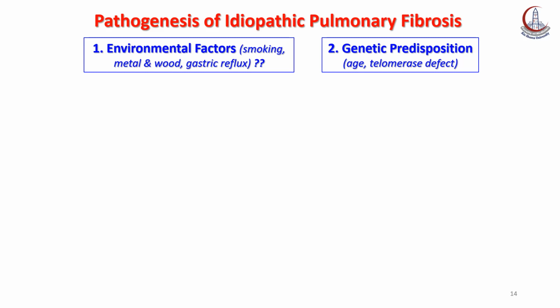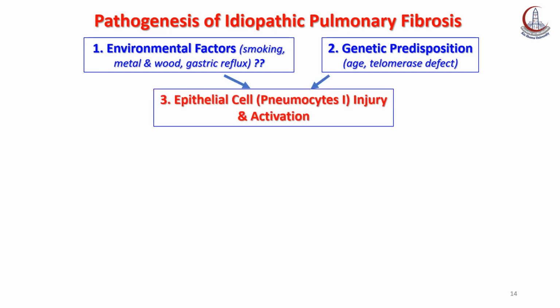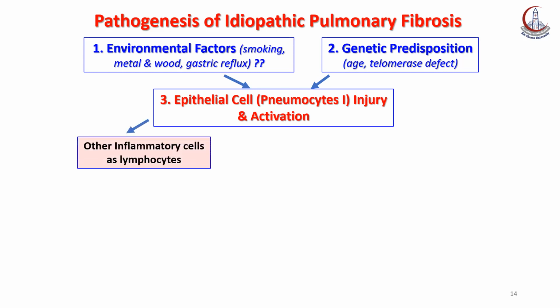Or genetic predisposition, like the age of the patient, since it's an old age disease, and telomerase defect, a genetic defect in the telomerase enzyme. Type 1 pneumocytes, the most common cells forming the lining of the alveoli, undergo injury by these genetic or environmental factors or both, leading to their injury and activation.